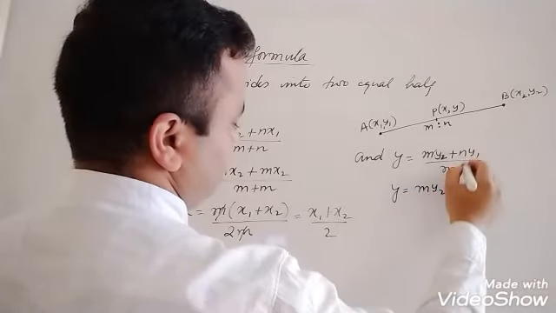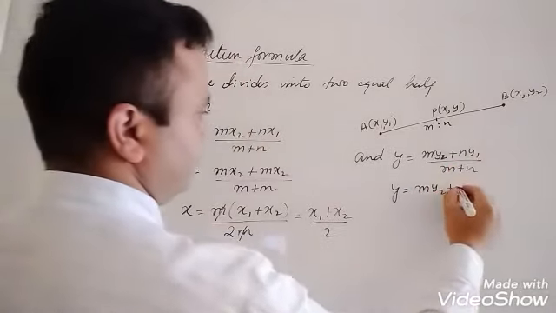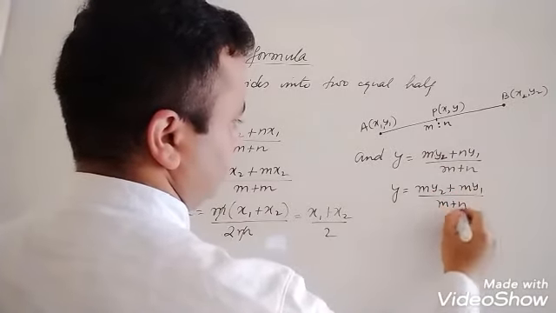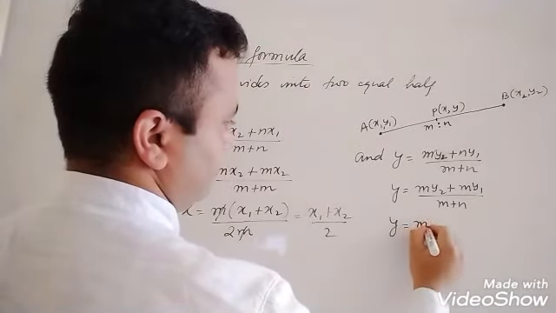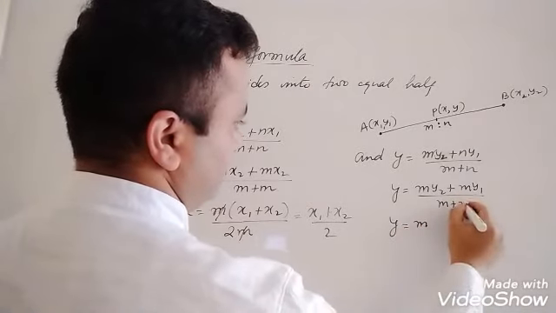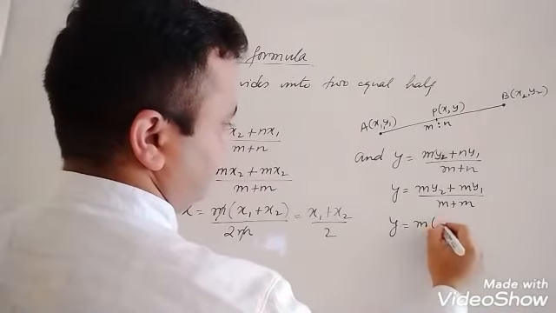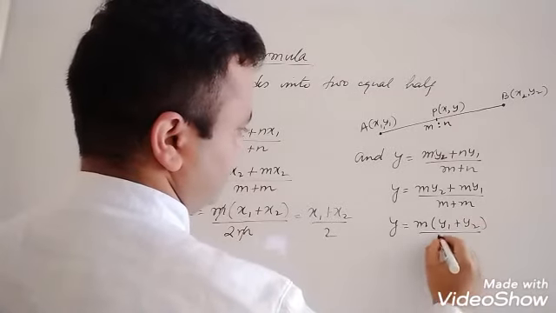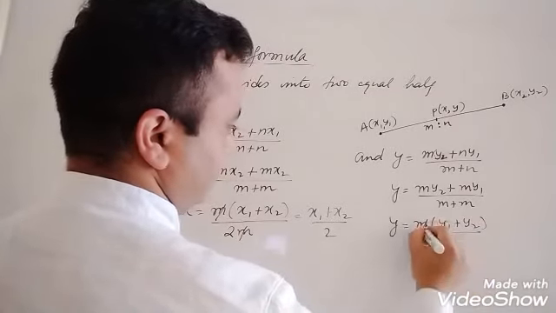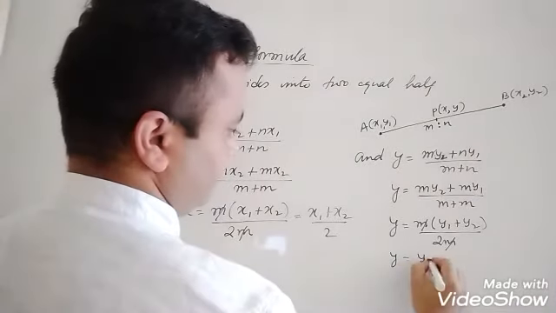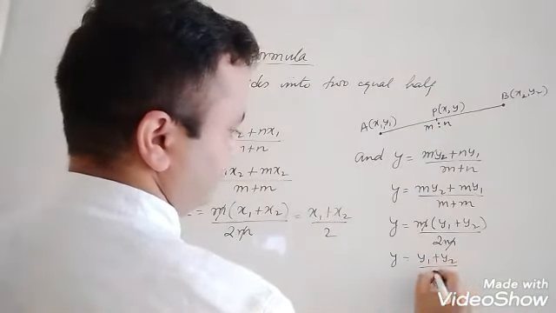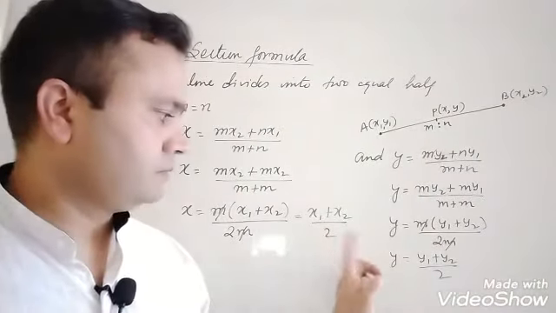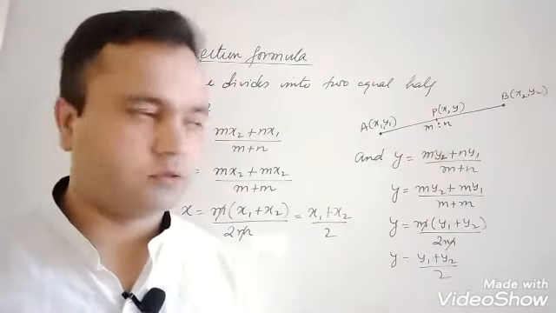Instead of n we can write m, so y equals my2 plus my1 divided by m plus m. Take m common, inside the bracket y1 plus y2 is left, divided by 2m. Cancel m, so y equals y1 plus y2 divided by 2. This formula is known as the midpoint formula of the section formula.